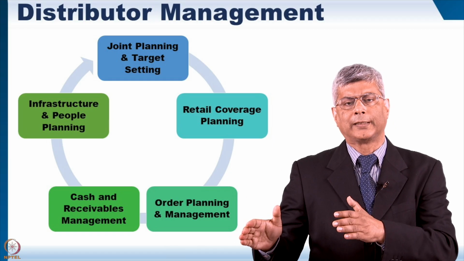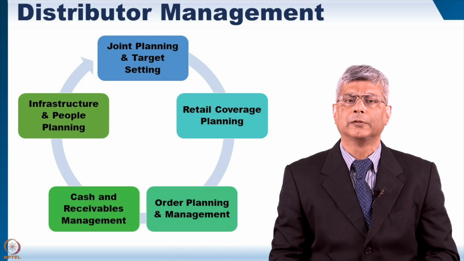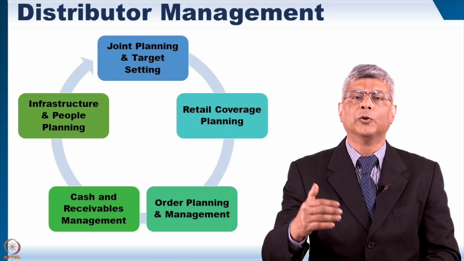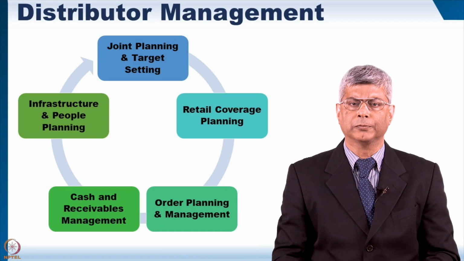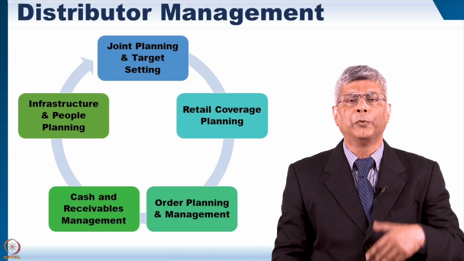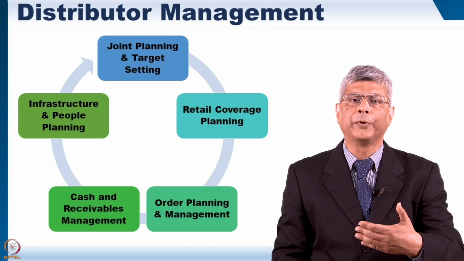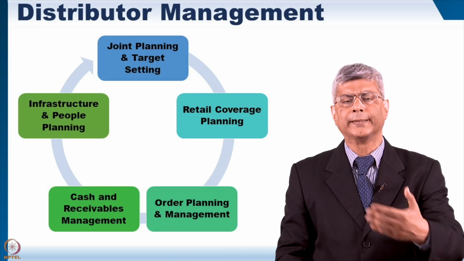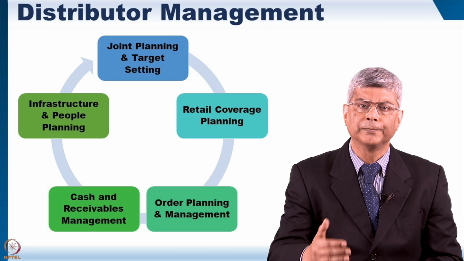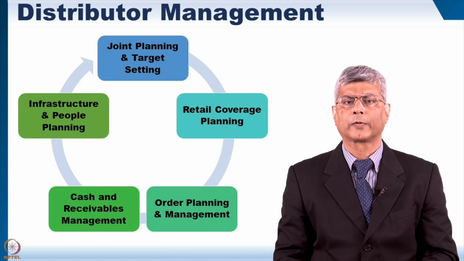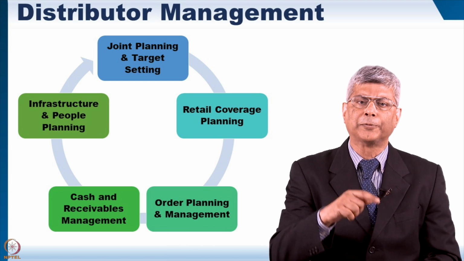Once the distributor has done that planning with the manufacturer, the distributor also has to plan which are the retailers that he will sell to and how he will cover them. Will he go and sell to them once a week, once a month, once in 6 months, every day? So that's retail coverage planning.